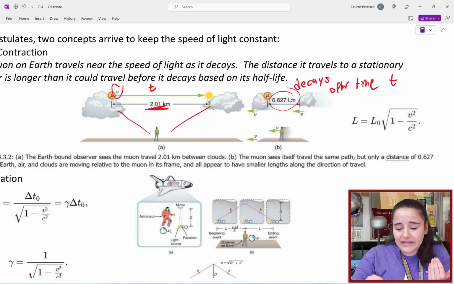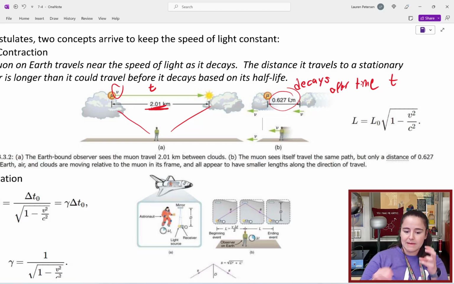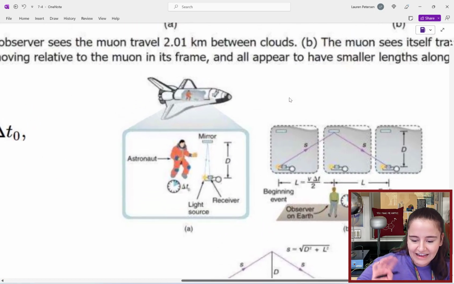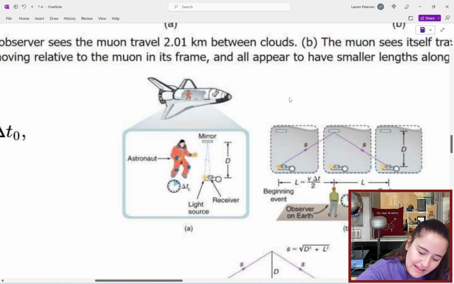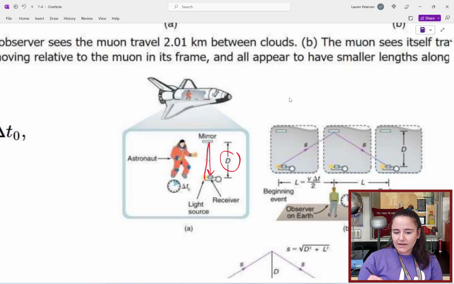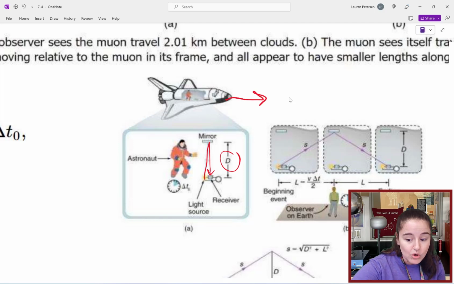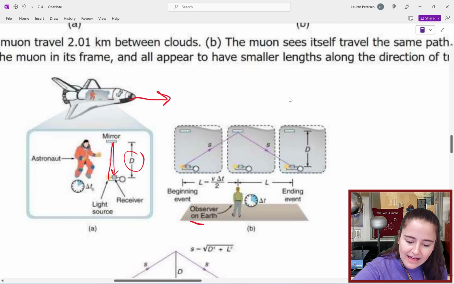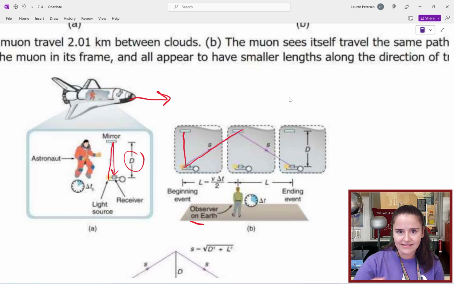This might be even easier to visualize if you're thinking about an astronaut on a space shuttle. We have an astronaut on this rocket, and the astronaut shines a light that hits a mirror and travels back to the receiver, moving some distance d, there and back. But if this is moving, according to an observer on Earth, that light would have had to go not just that distance, but a much greater distance.